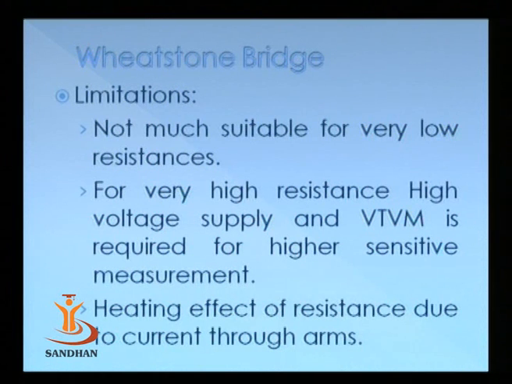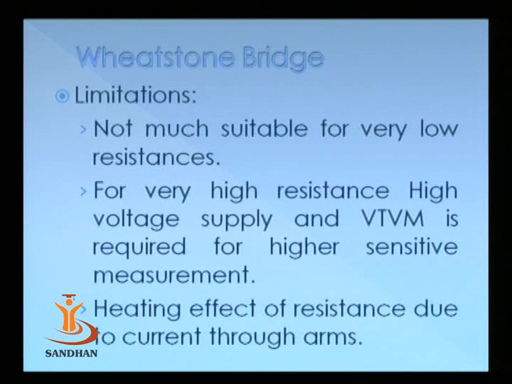The Wheatstone bridge has certain limitations also. The first limitation: it is not suitable for very low resistance measurement, because the leakage resistance or the connecting lead resistances also come into the picture, and that can affect the accuracy of measurement. The second one is very high resistance measurement. If we are going for very high resistance measurement, then we need to replace the galvanometer by a VTVM.